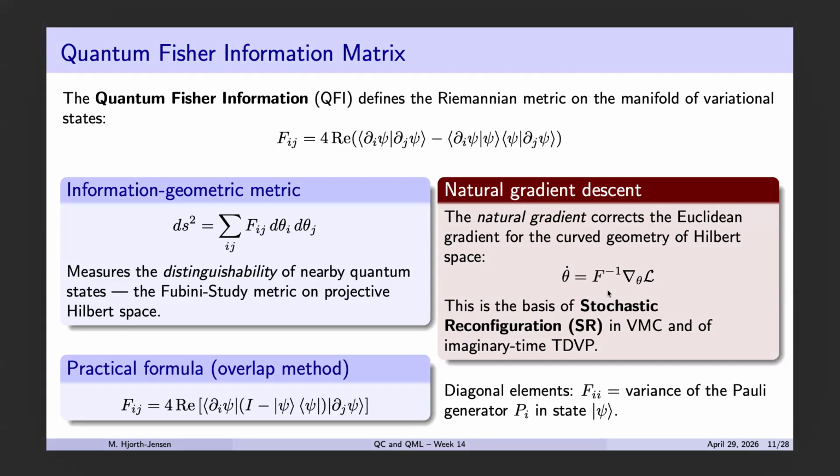This is a quantity you can evaluate with a technique called stochastic reconfiguration, but you can also replace it with just a learning rate parameter and then rerun the calculations. So these are some technicalities which you can implement or not.